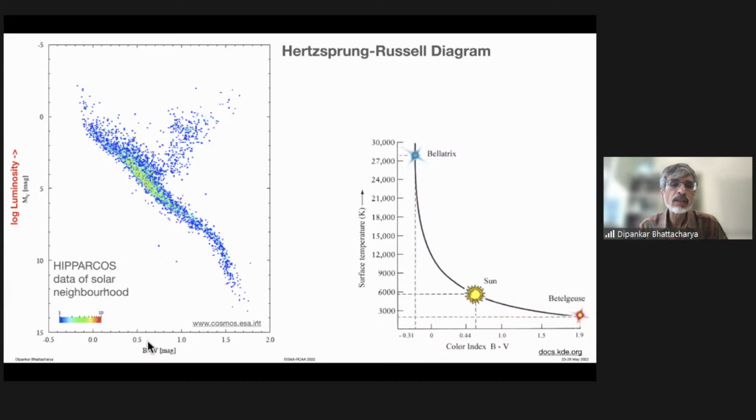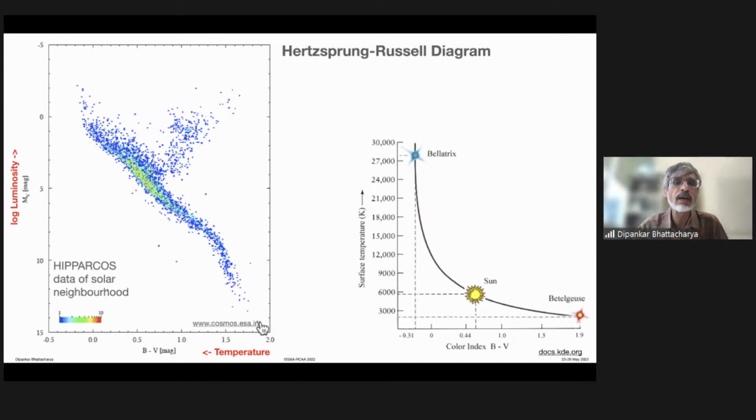So this color index, which is plotted on the horizontal axis, is in fact a proxy for temperature. So the temperature is increasing to the left, and here the luminosity is increasing vertically up. So in this temperature-luminosity diagram, we now plot the stars for which this measurement is possible.